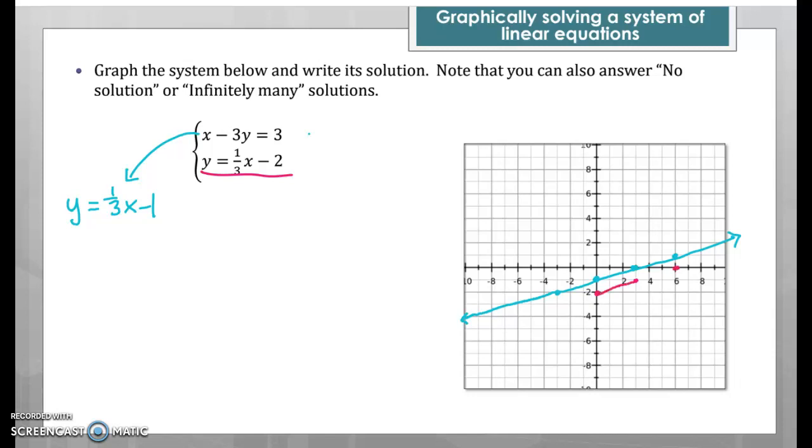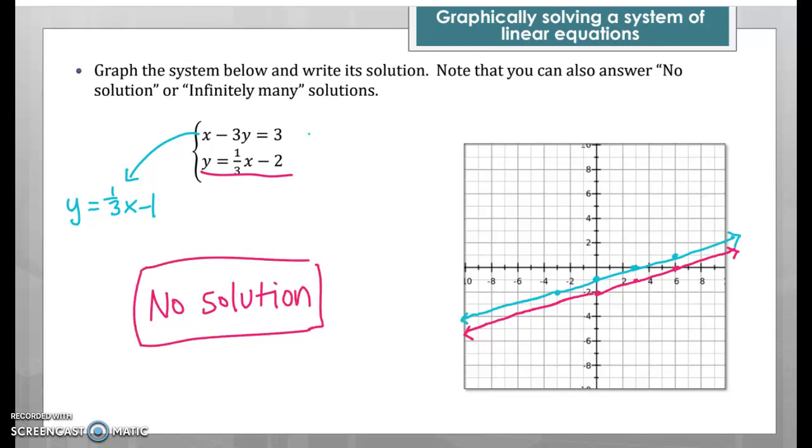So you can see my slopes end up being the same here. If my slopes are the same, that means they're never going to intersect. I have the same slope, I have different y-intercepts, so I have no solution on this one.